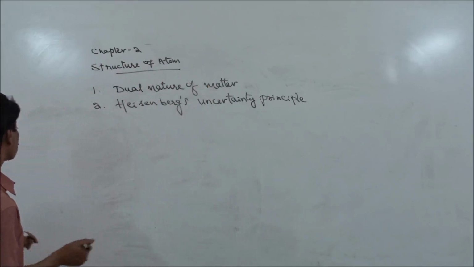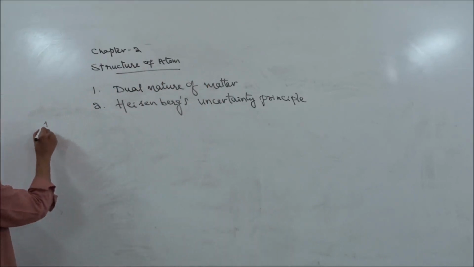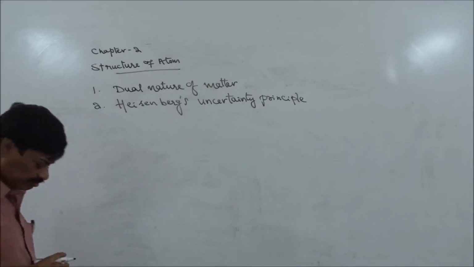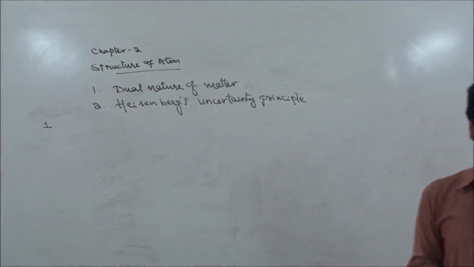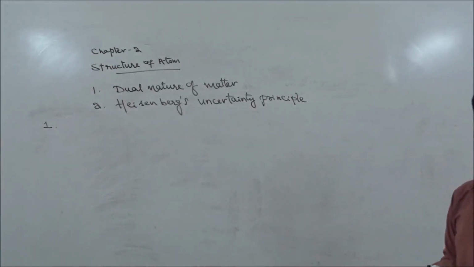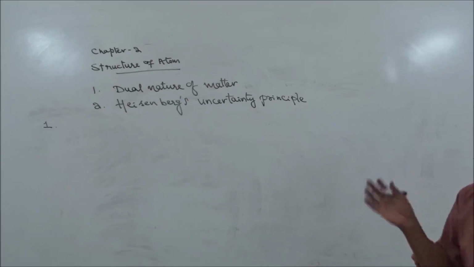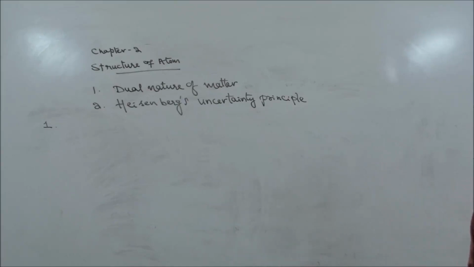And in detail, let us see the first development that was incorporated in the quantum mechanical model of the atom. After Rutherford, the Niels Bohr atom came, and after Niels Bohr, the quantum mechanical model of the atom.